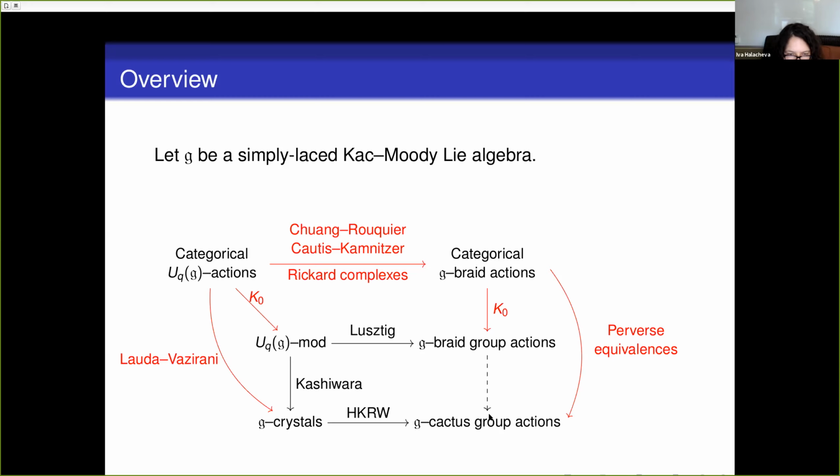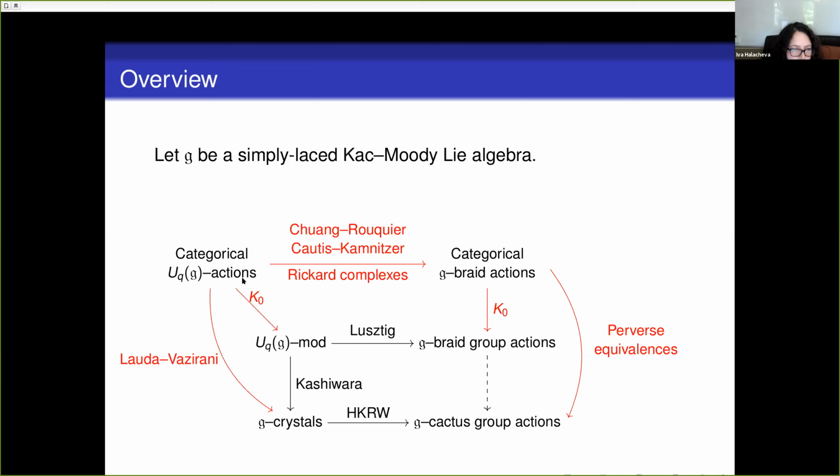We will do so by looking at a higher, more categorical version of this diagram. There is a categorification of quantum group representations. K0 here is taking the Grothendieck ring. This has been established by Chuang and Rouquier and Khovanov and Lauda, among others.